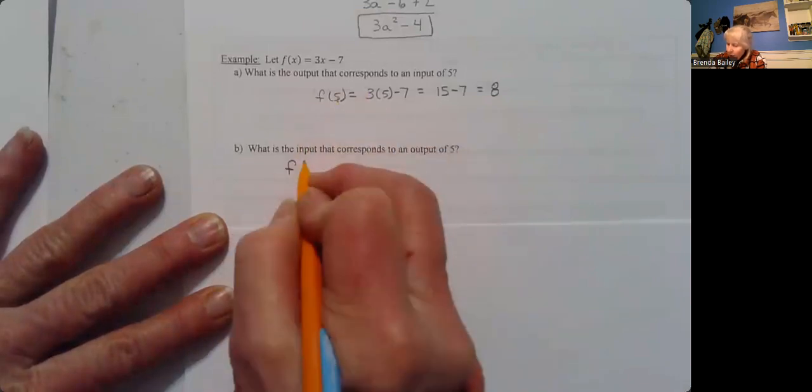What is the input that corresponds to an output of 5? Okay, now we're going to have to do a little bit of solving. We haven't talked about this. So we have been saying, like, what is f of 5? Okay, now I want to know what x will equal 5.